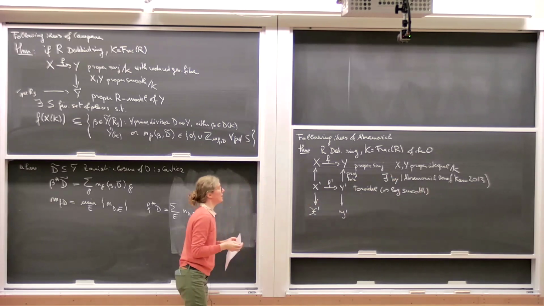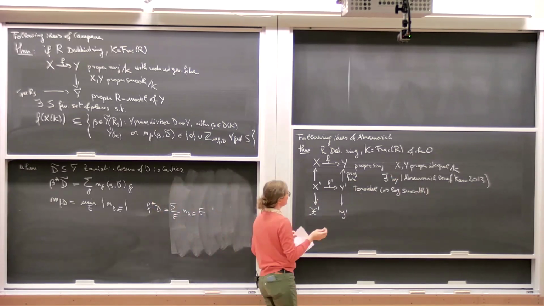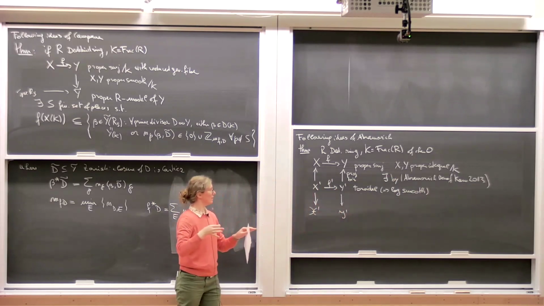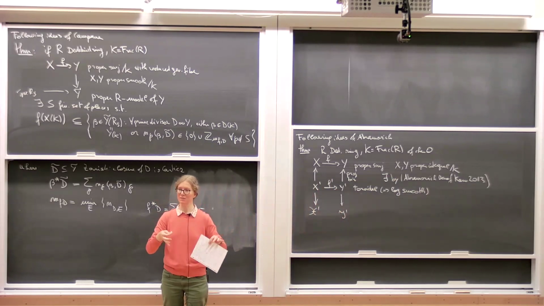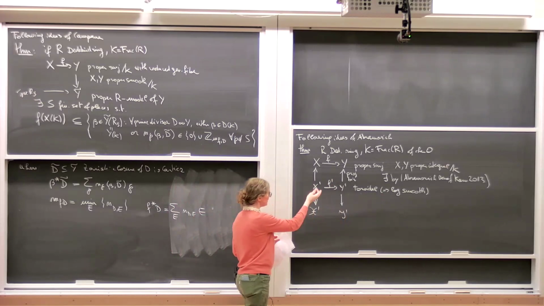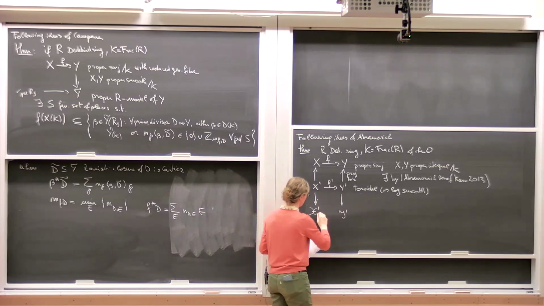The boundary is going to give me a log structure, and this log structure has the nicest possible properties that I can ask for in log geometry. And this is the thing about this morphism that we are using to prove the result.